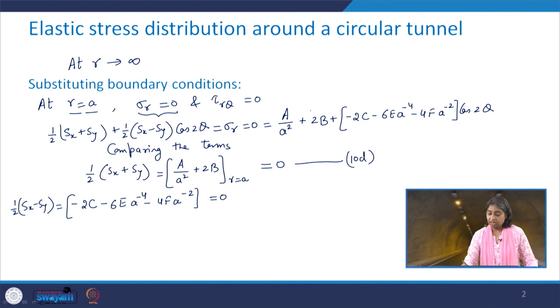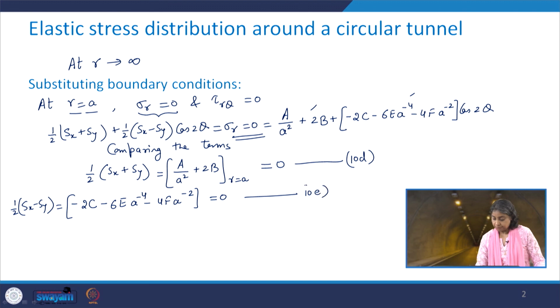So, individually both the terms have to be equal to 0 if this equation is to be satisfied. I will write this as equation 10e.